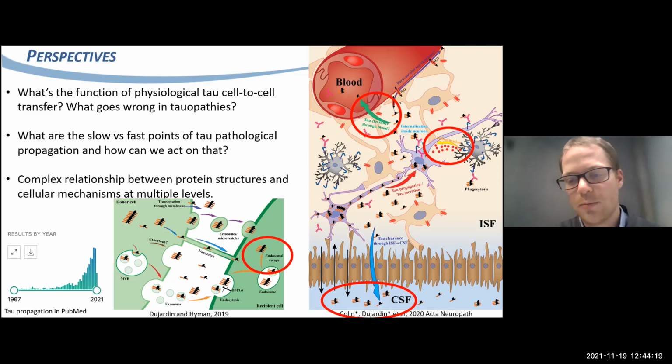That's a hot point of work right now. And then you have the complex relationship between protein structures and all of these cellular mechanisms in the brain. Of course, neurons are not alone in the brain. There are a lot of glial cell interactions and complex inflammation or clearance happening here that we don't quite understand well yet.